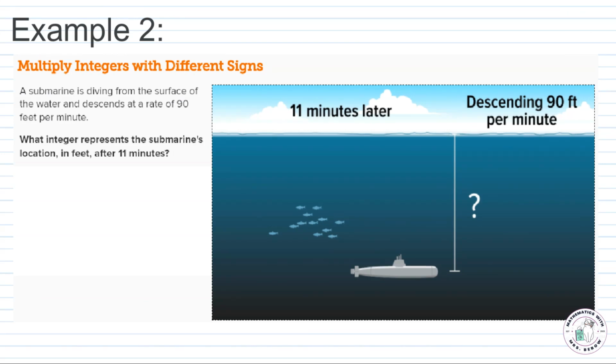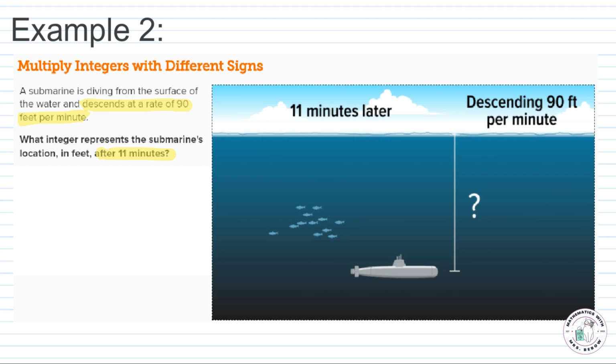So that is it. Different signs, it's a negative answer. Let's take a look at another story problem. A submarine is diving from the surface of the water and descends at a rate of 90 feet per minute. So I'm going to highlight that. What integer represents the submarine's location in feet after 11 minutes? So really with story problems, like I've mentioned in previous videos, it's identifying those keywords. Descending, that is indicating a negative action, right?